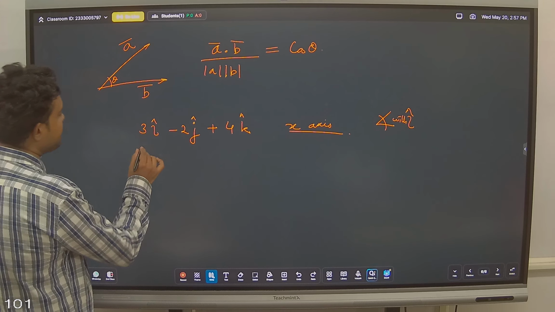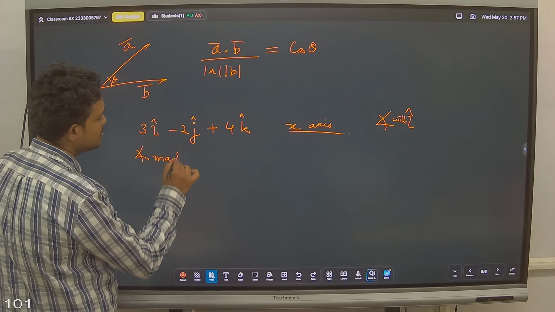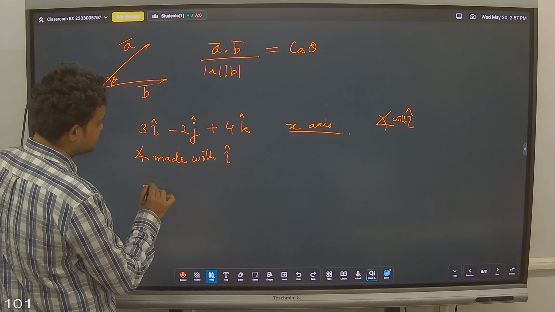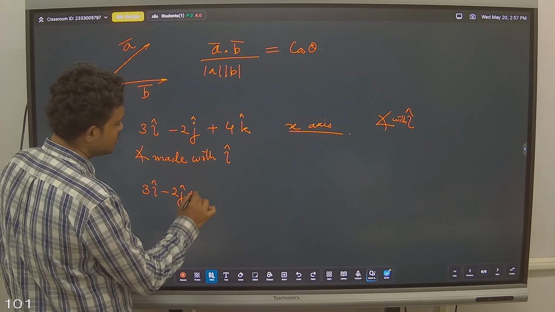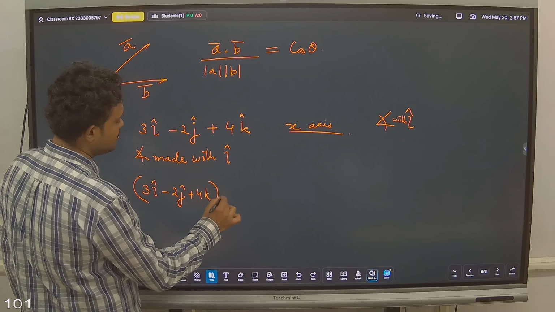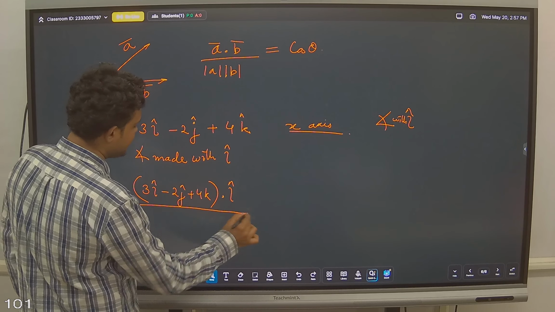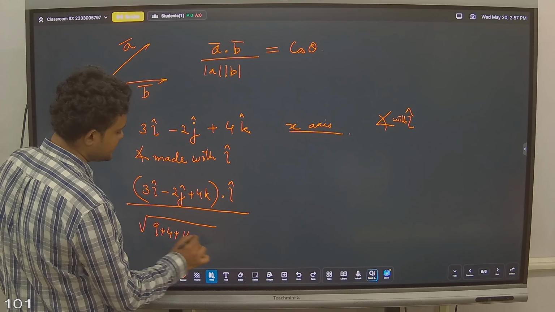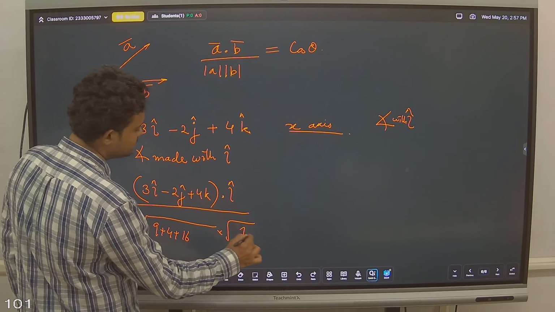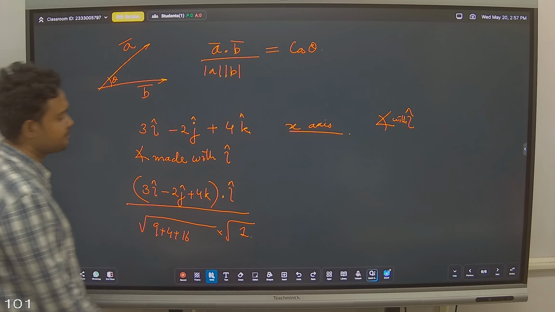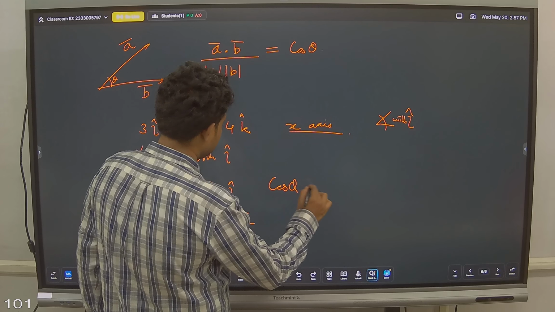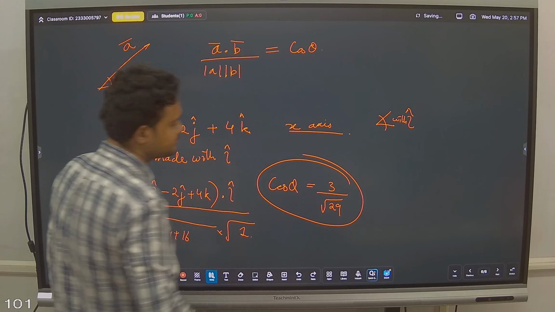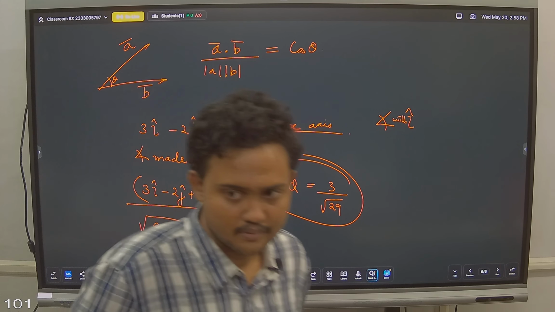You find the angle made with I cap, which is going to be 3i minus 2j plus 4k dot I cap divided by under root 9 plus 4 plus 16 into under root 1, right? So cos theta is going to be equal to 3 by root 29, right?